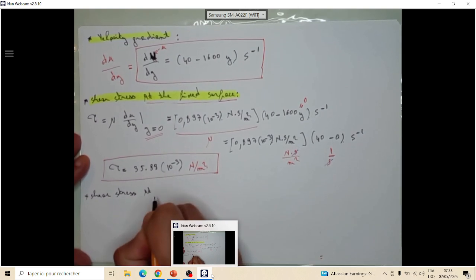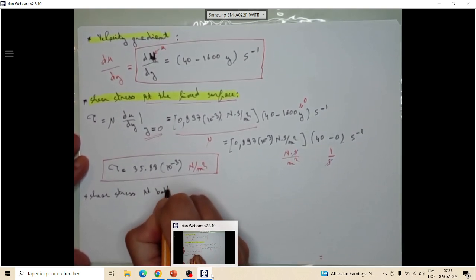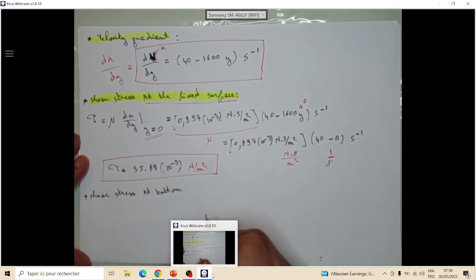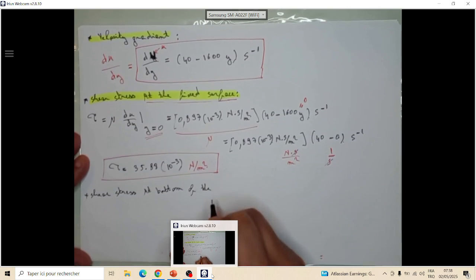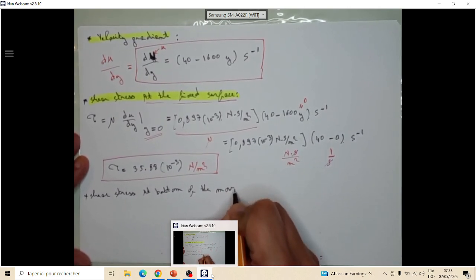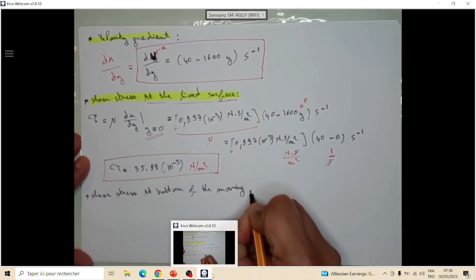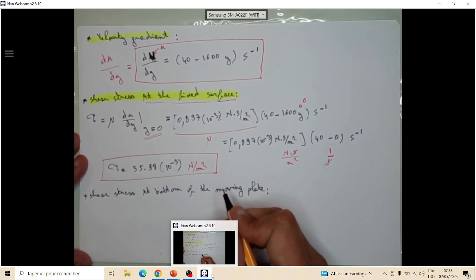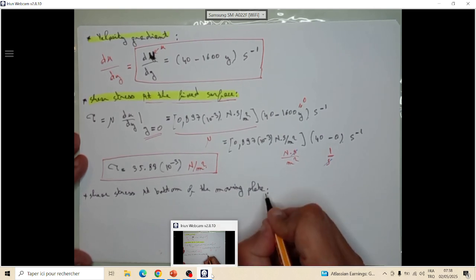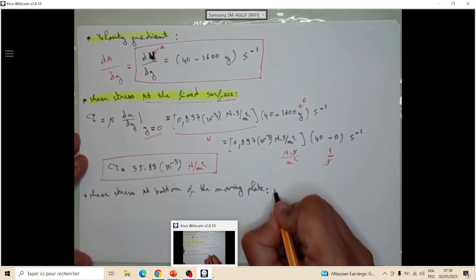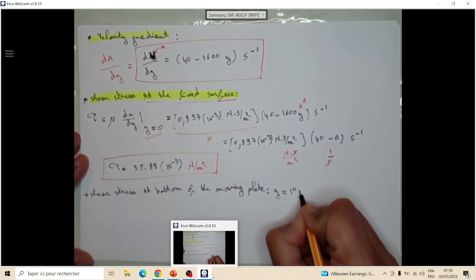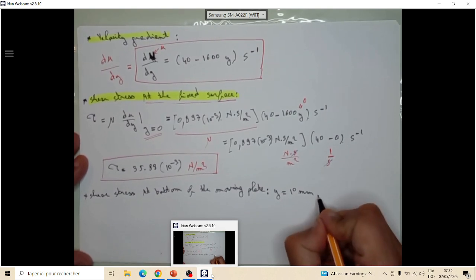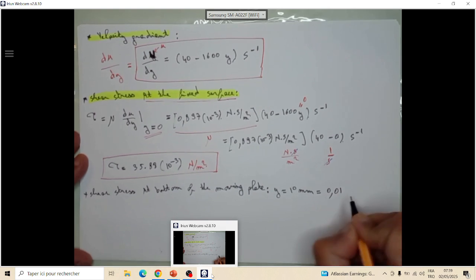at the bottom of the moving plate. At the bottom of the moving plate we have y equal to 10 millimeters, which is equal to 0.01 meter.